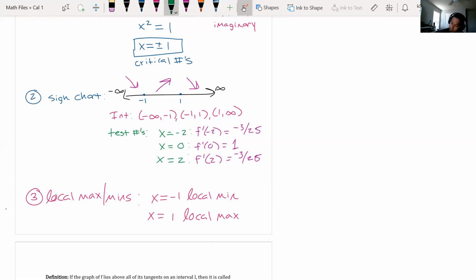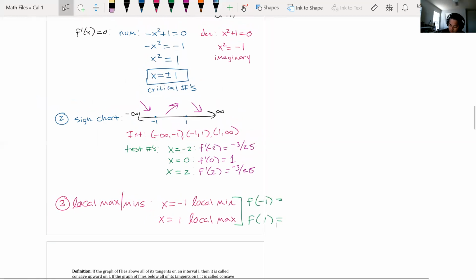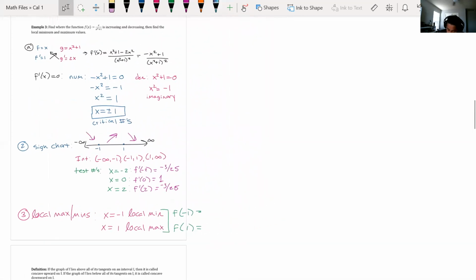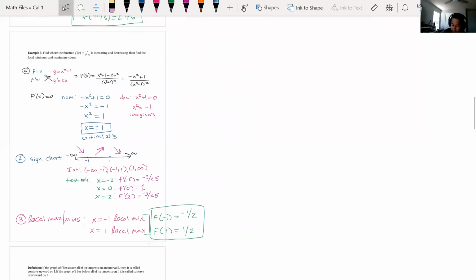And of course, plug into the original function, f of negative 1, f of 1. If I do negative 1, you get negative 1/2. And then if I plug in 1, you get 1/2. So there's where our max and mins are.